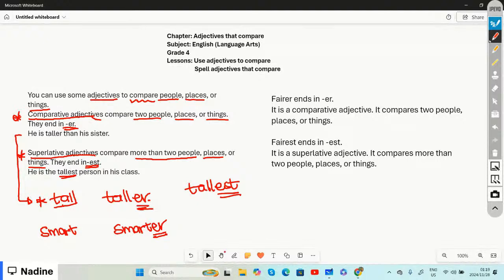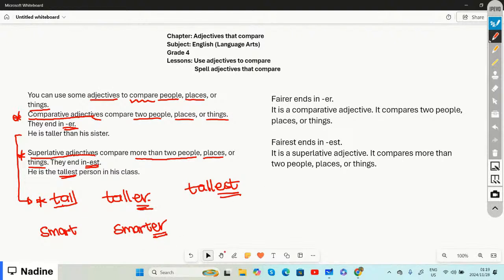And if we want to compare another person by saying how smart they are, if we say that Jenna is smart, Jenna is a top student in class and she's smart. But if I compare Jenna to Amy, that's also smart, then we can say Jenna is smart, but Amy is smarter.